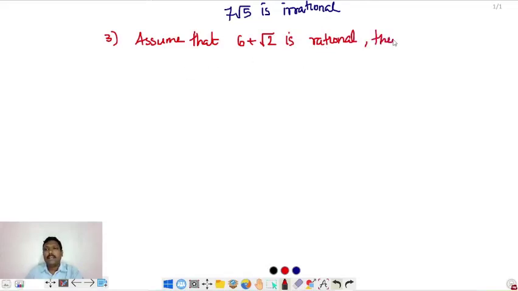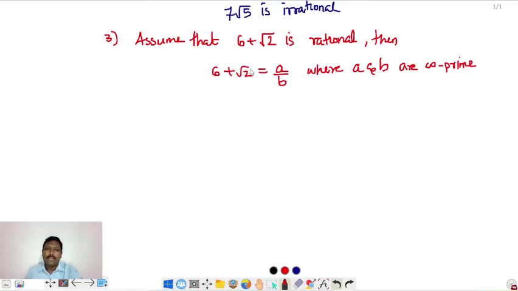Then we can write 6 plus root 2 is equal to a divided by b, where a and b are coprime. Here also we have to keep root 2 on this side, and this 6 you have to transpose to the other side.